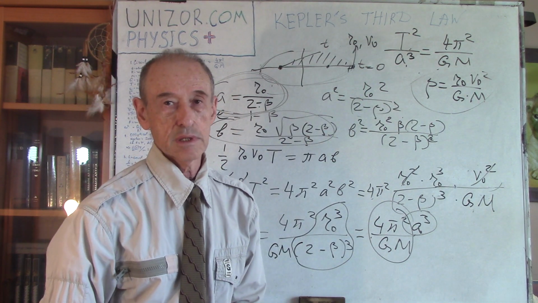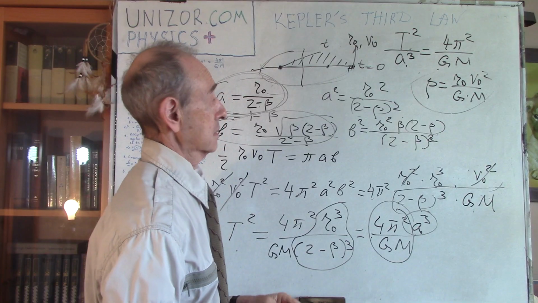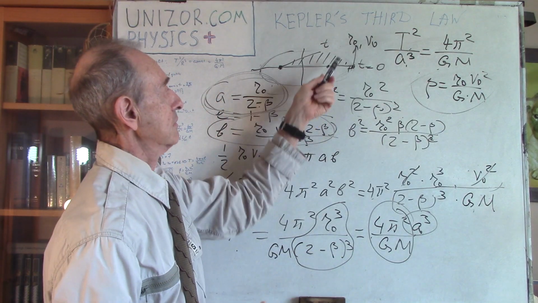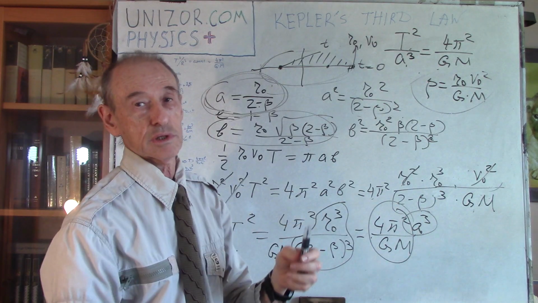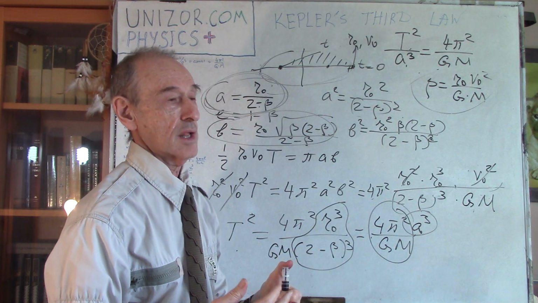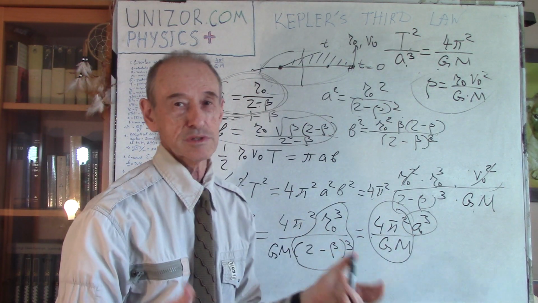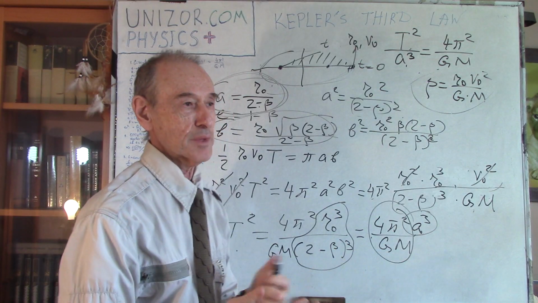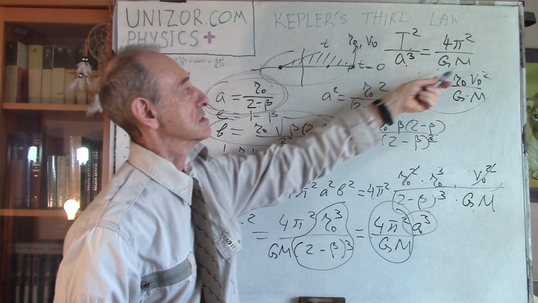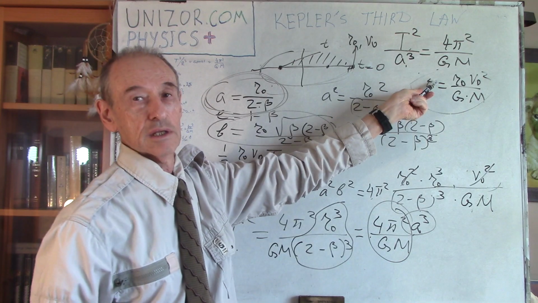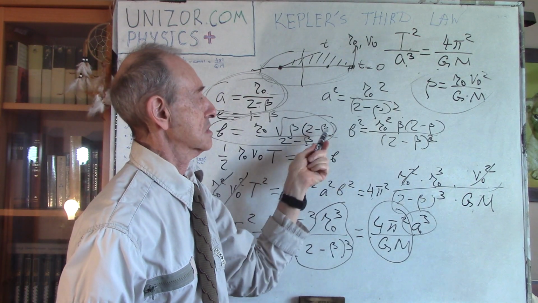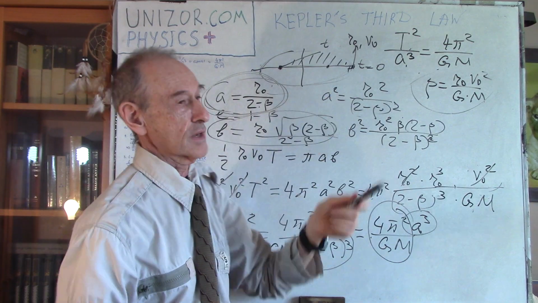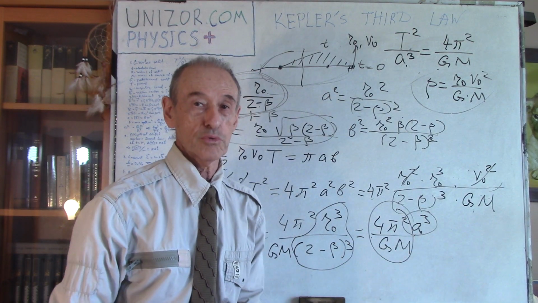I chose that particular point. But to tell you the truth, if I choose some other point as a beginning, I will have different R0 and V0 as vectors, but the orbit is supposed to be the same. So no matter how I calculate, this is not dependent on the initial position. If I start from any other point, it will be the same formula.